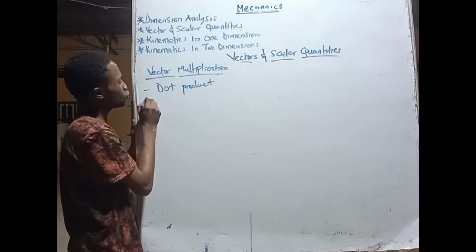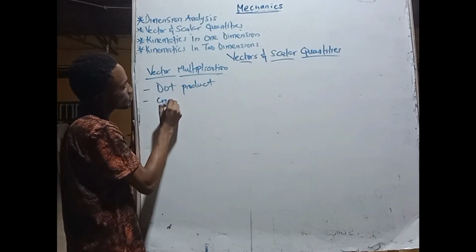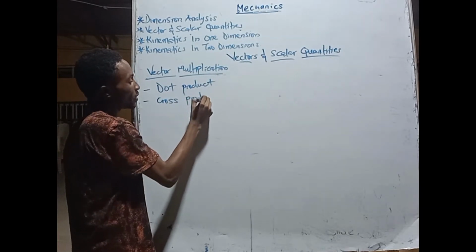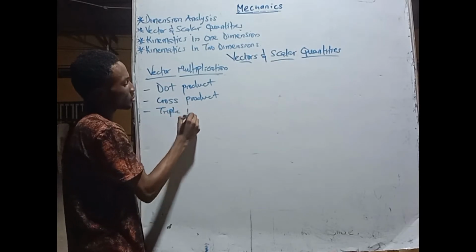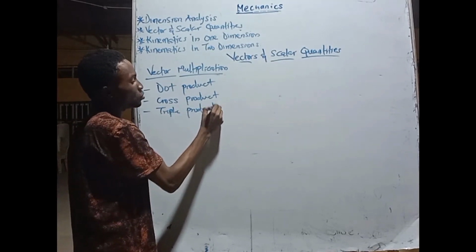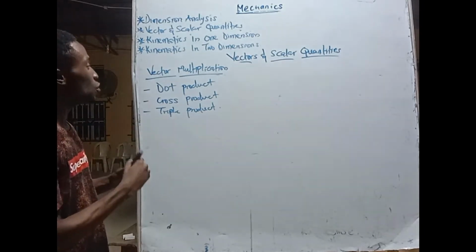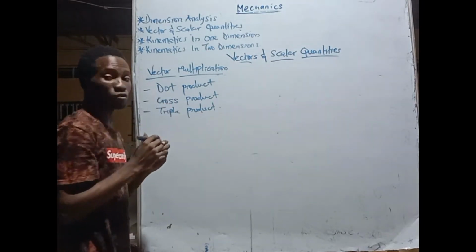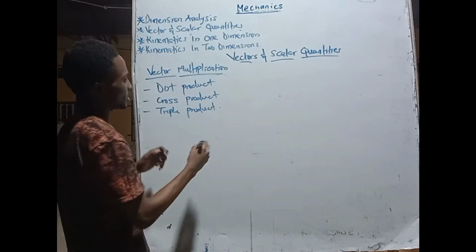Number 2, we have the cross product. And number 3, we have the triple product. But for this class, we will be talking about dot and cross products. The other one is beyond the scope of this class.